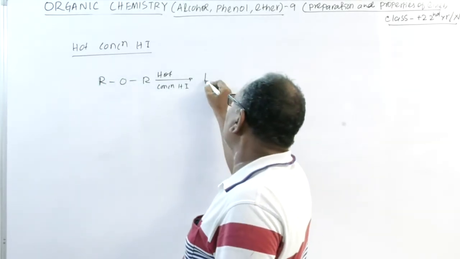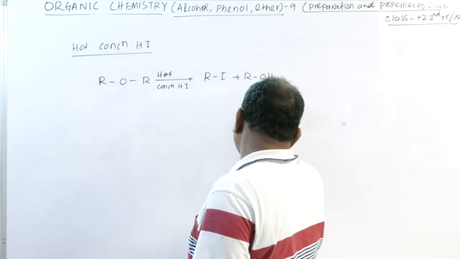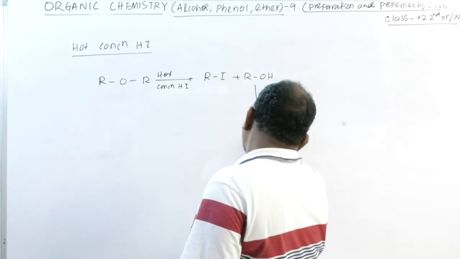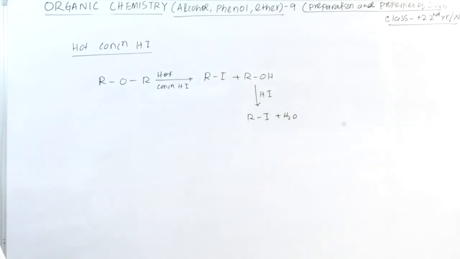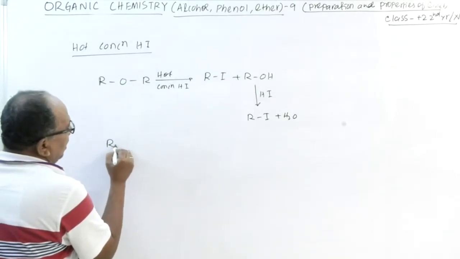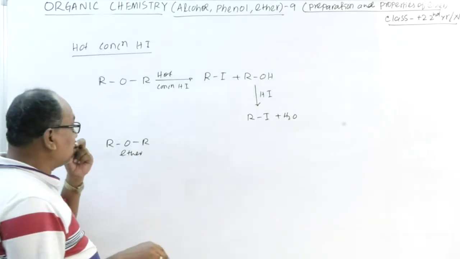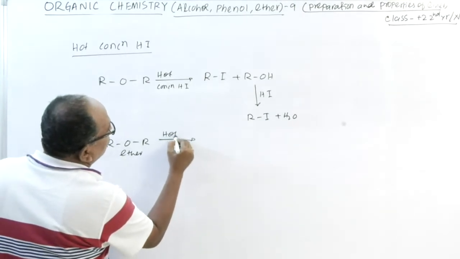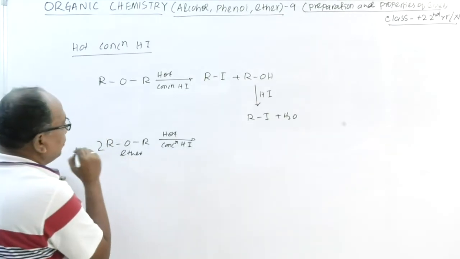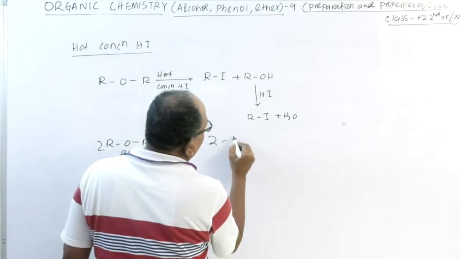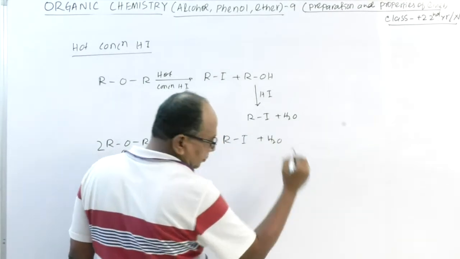First it gives RI plus ROH. This ROH further reacts with HI and gives RI plus H2O. So for ether, symmetrical or unsymmetrical, there is no question: when heated with hot concentrated HI, it gives two molecules of RI plus H2O.